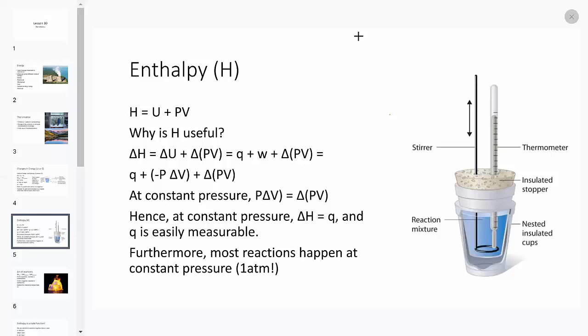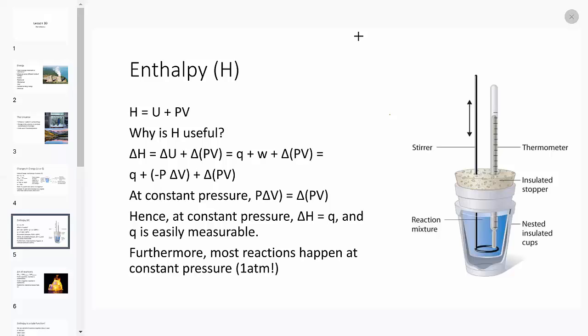So this means that we can very easily measure changes in enthalpy using what's called a coffee cup calorimeter. Okay. So we have a coffee cup calorimeter here. So we have this well-insulated container which limits the transfer of heat.